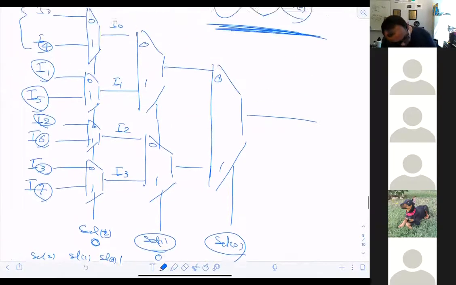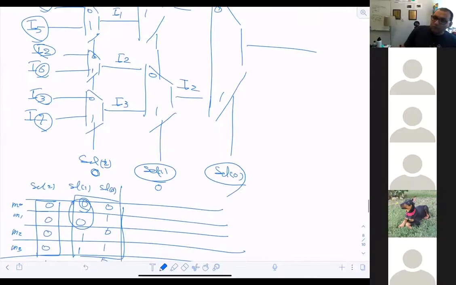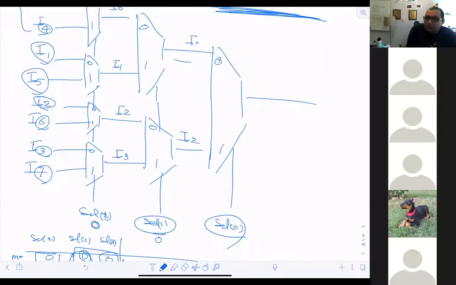So here it's going to be what? 0, so it's going to be I0, and here it's going to be I2, right? Then you will move forward so you can get the output 0 and 1, so it's going to be I0 and so on. Does it make any sense? So the next one will be I2. Yeah, because that will be flipping it to be I1, right?